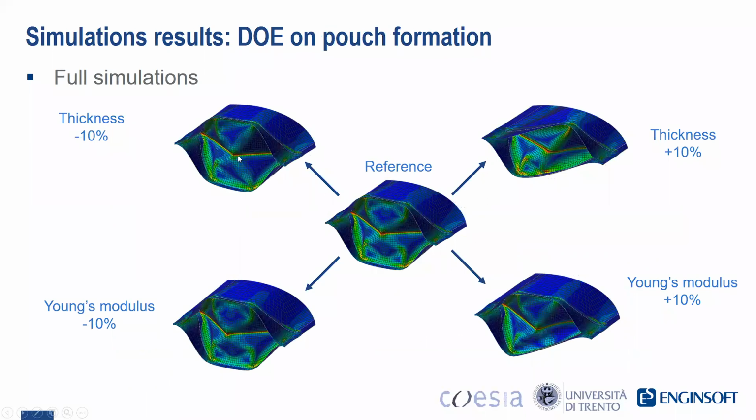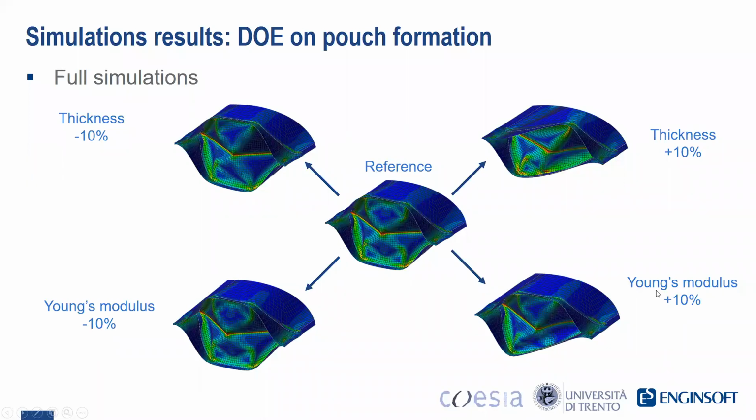Here is the design of experiment that was performed in RecurDyn, analyzing the influence of thickness and Young modulus on the pouch formation step. This is another type of analysis that was done, and it helps understand where we can move and where we get to if we try to change the Young modulus, the properties of the pouch.